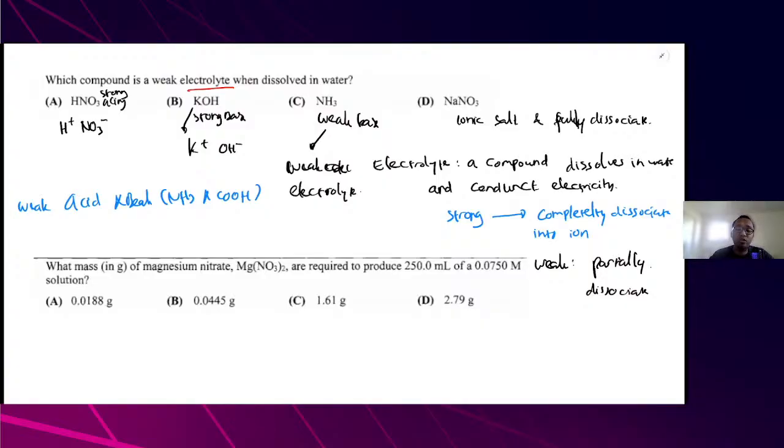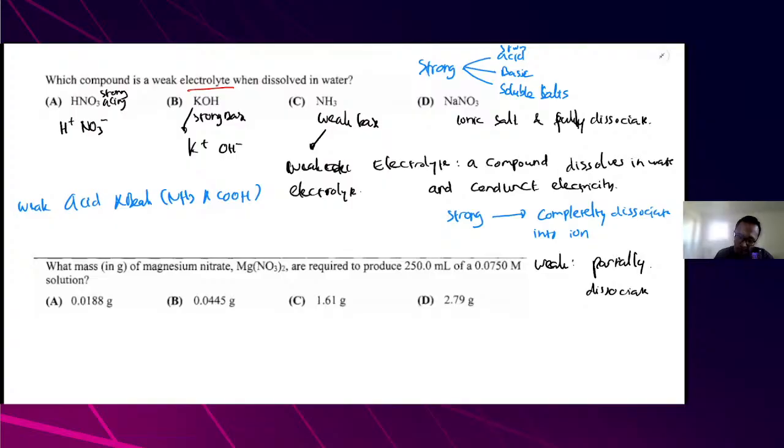Strong acids, strong bases, and soluble salts are strong electrolytes. So just remember the principle of weak acid and weak base.